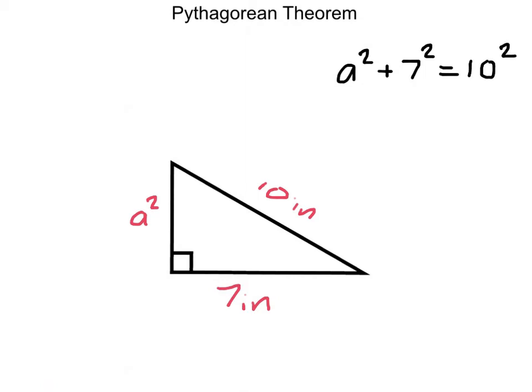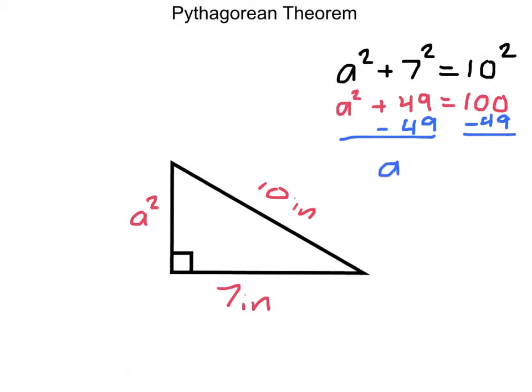Now when we solve this, our next step is going to look like a squared plus 49 equals 100. And then as we solve equations, we're going to subtract 49 from both sides, which will leave us with 51 on the right-hand side. So I end up with a squared equals 51.